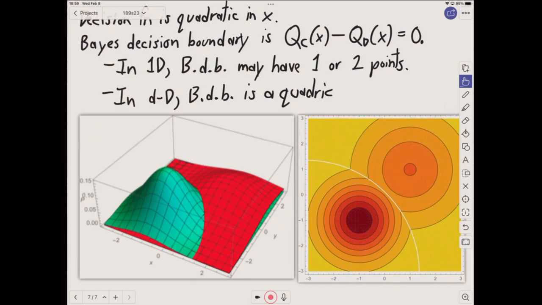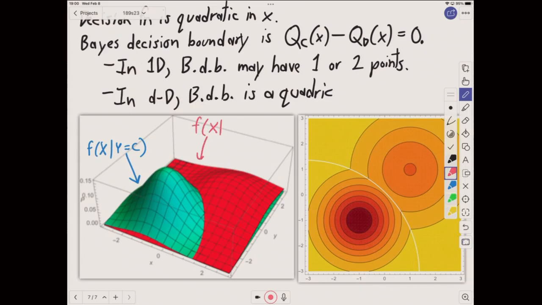And so it might be, for instance, that the blue curve is the Gaussian that approximates the points in class C. So essentially, this is the normal distribution for class C. And then the red curve is the normal distribution for class D, the other class.